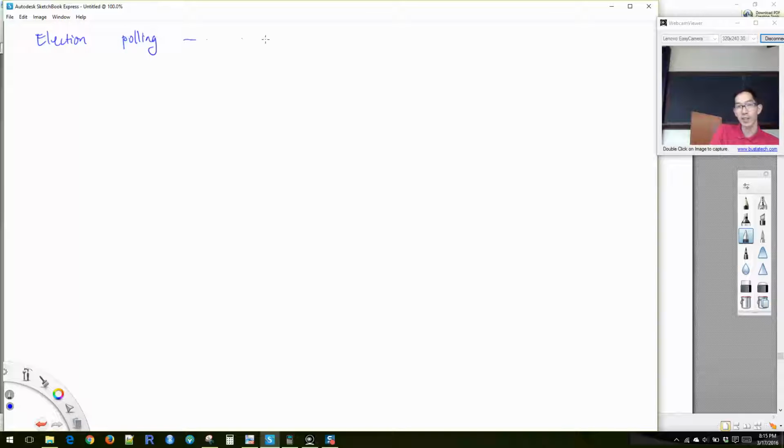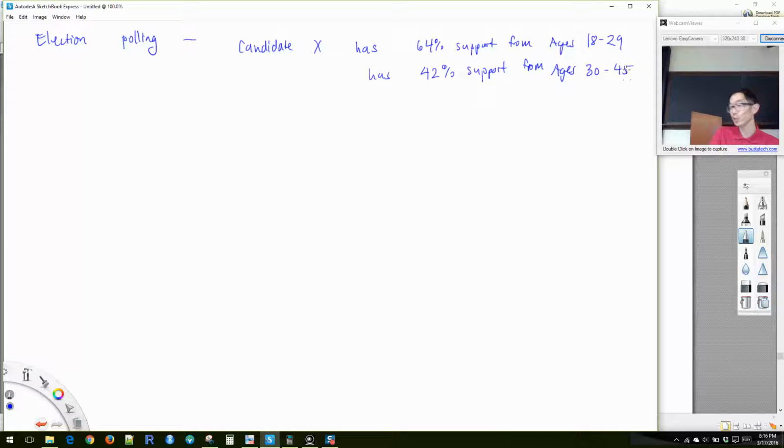You know, we see stuff like candidate X has 64% support from, whatever, ages 18 to 29, I'm just making up these things, but candidate X has only 42% support from ages 30 to 45 or something like that, okay?